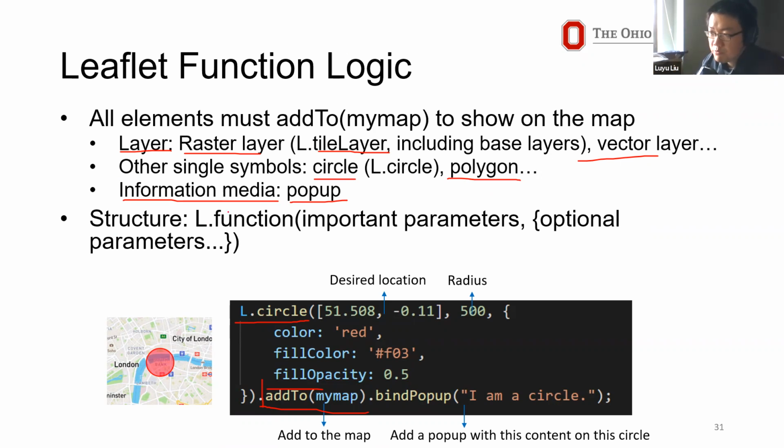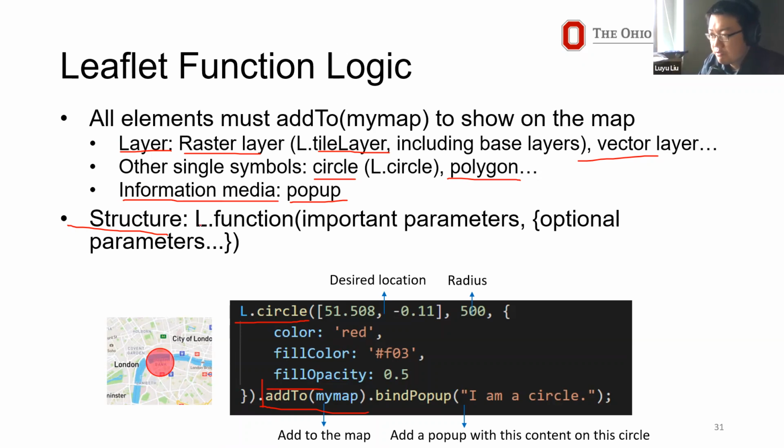So next we want to talk about the general structure, the so-called logic of the function, how they are written, right? I think this is very nice to write down because there is really nowhere to find this information, but from my knowledge I can summarize all the Leaflet functions I know.